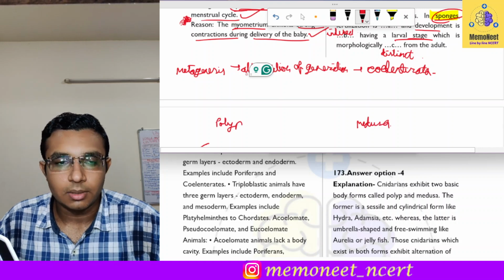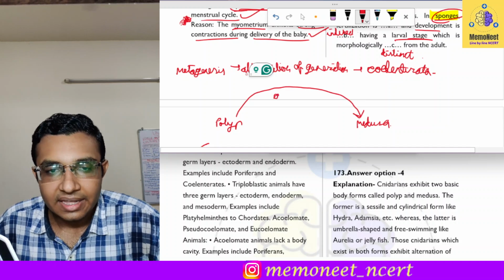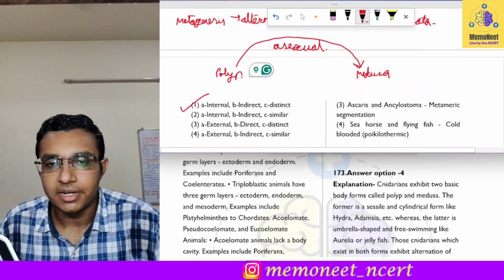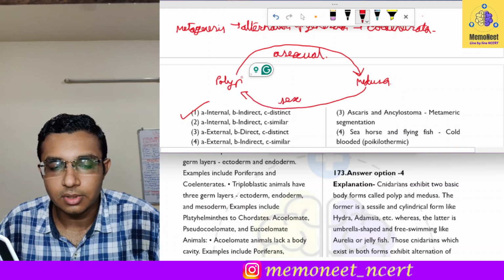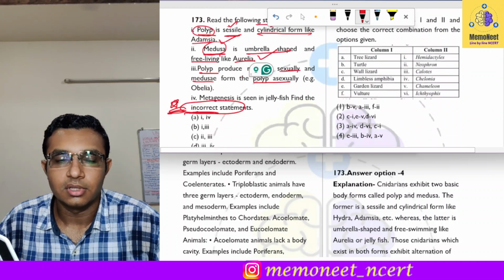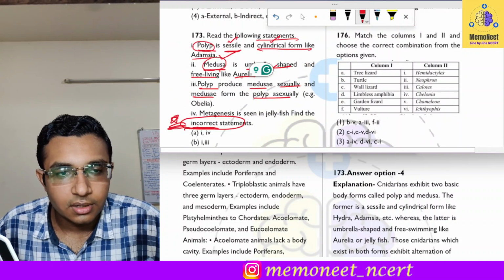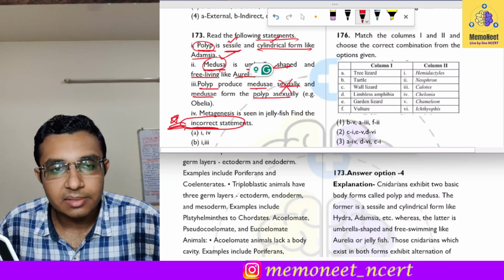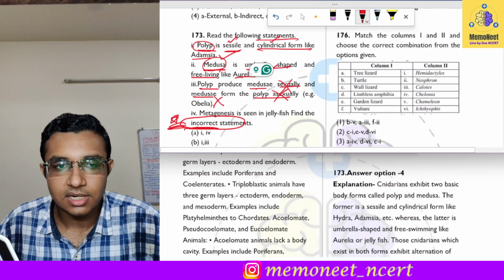The polyp form is converted to medusa form by asexual methods, and the medusa form is converted to the polyp form by sexual methods. So as we discussed above, the polyp produce medusa asexually, not sexually, and the medusa form the polyp sexually, not asexually. So this statement is incorrect.